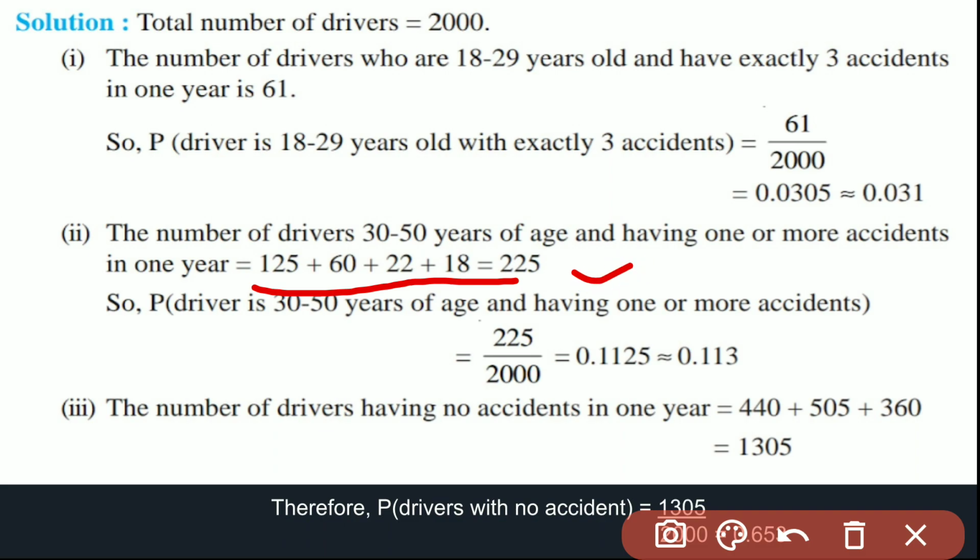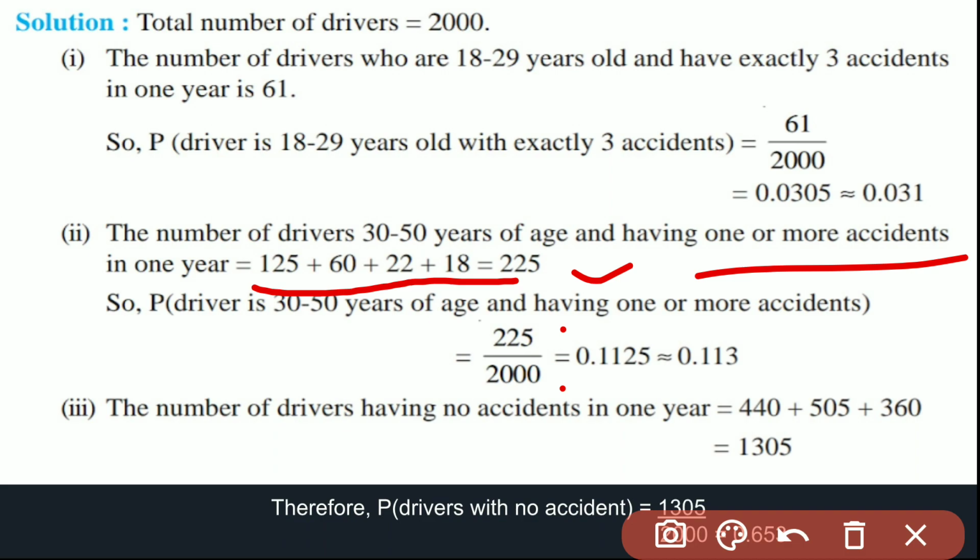The number of drivers in the age group 30 to 50 having one or more accidents is 225, out of the total of 2000 drivers.